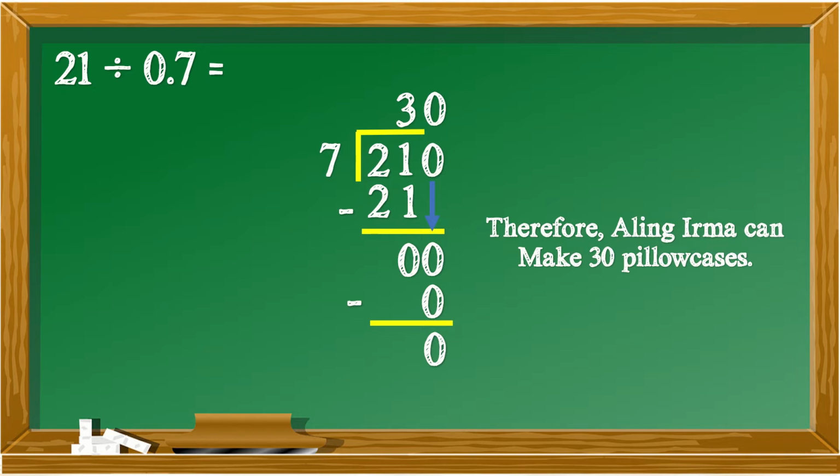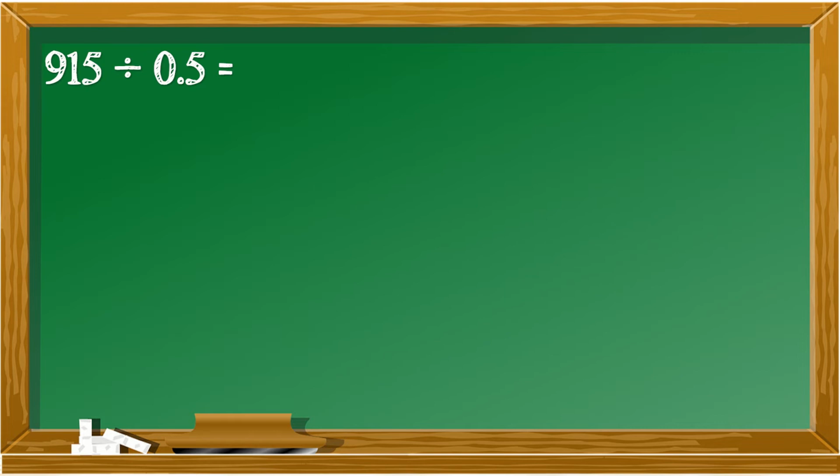Let us have another example. We have 915 divided by 5/10. Again, we cannot divide with a decimal. We need to make this a whole number by simply moving the decimal point, just like this.